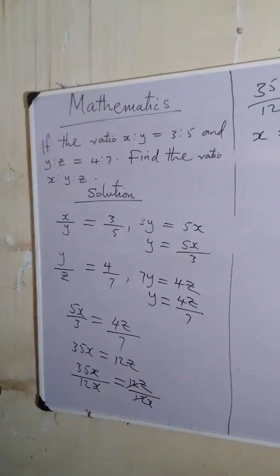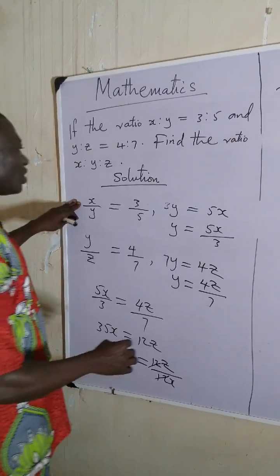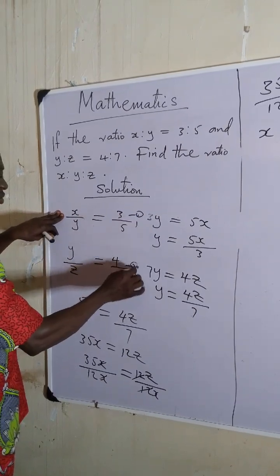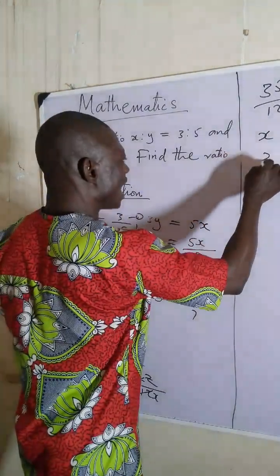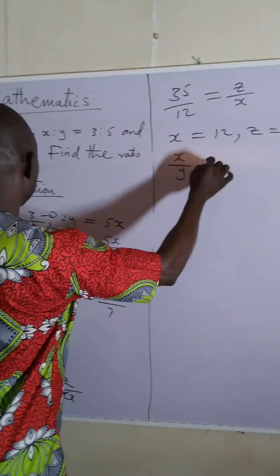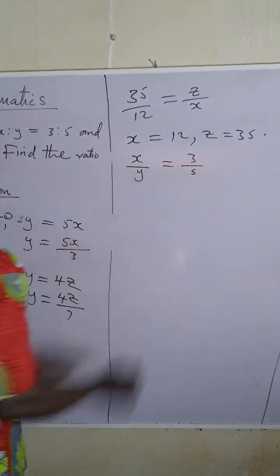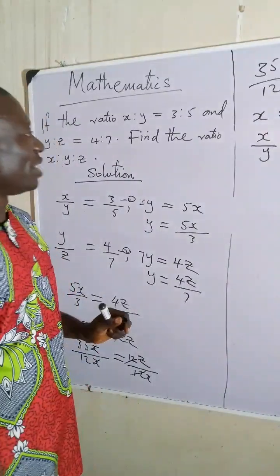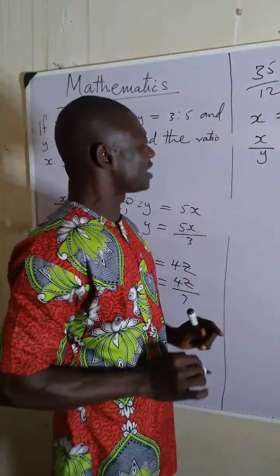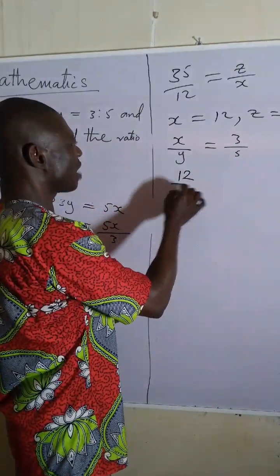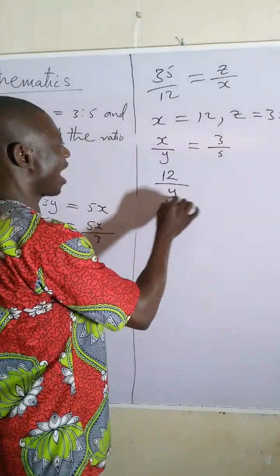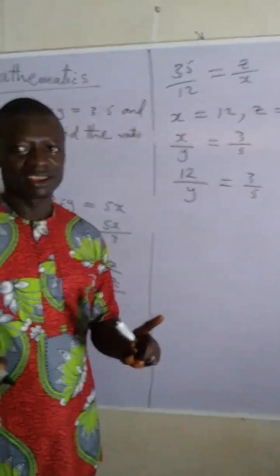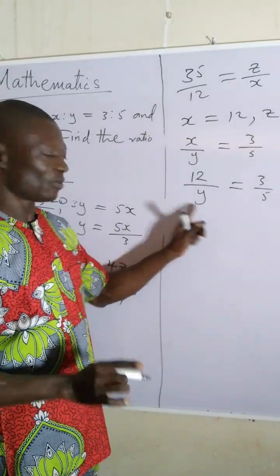Let us substitute x in the first equation. If we call this one equation 1 and this one equation 2, from equation 1 we have x over y is equal to 3 over 5, which we obtained from the question. Since 12 is x, we have 12 over y is equal to 3 over 5. Can you see that we have only one unknown, just y?